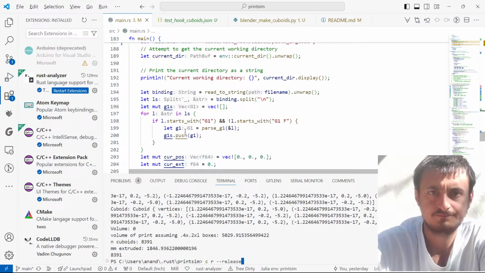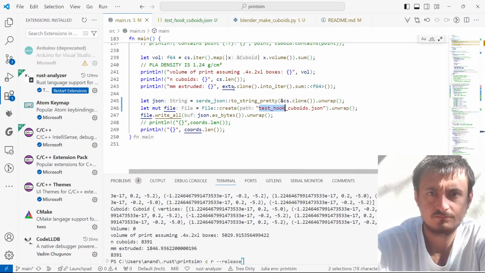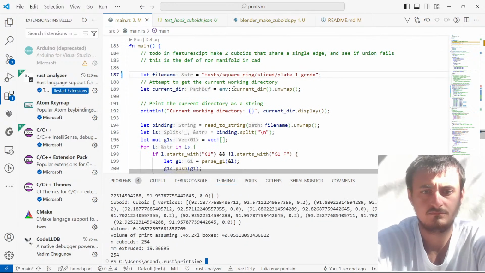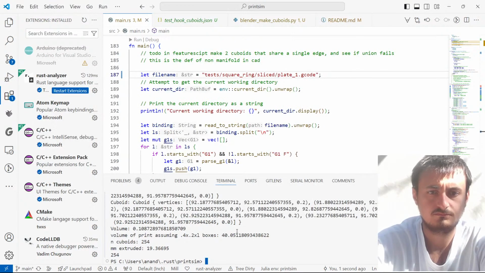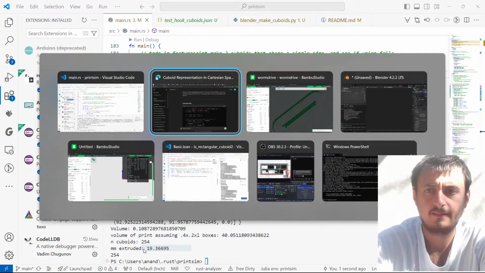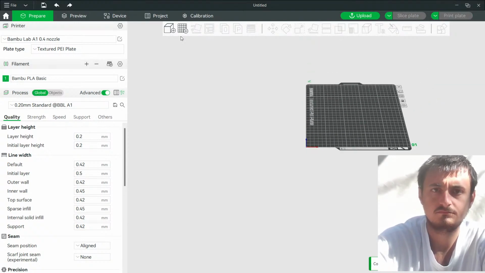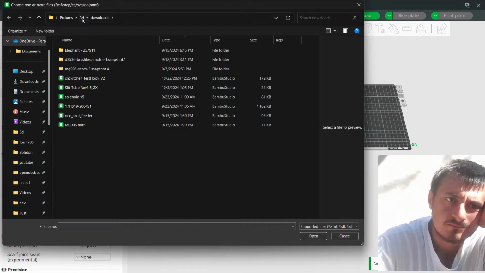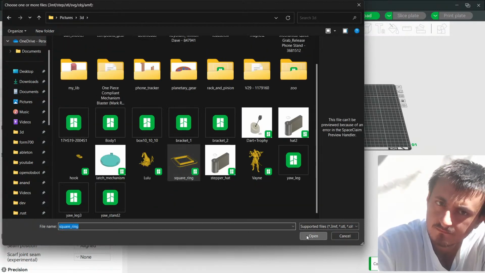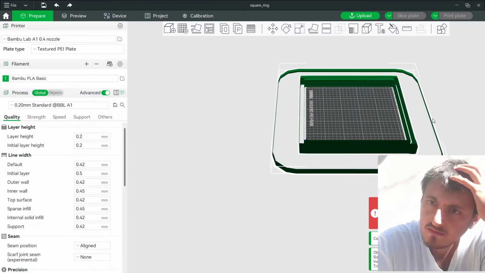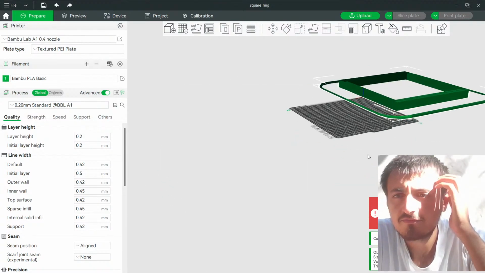No. We should check that the volume is correct, right? No, it's still flat. It's still flat.